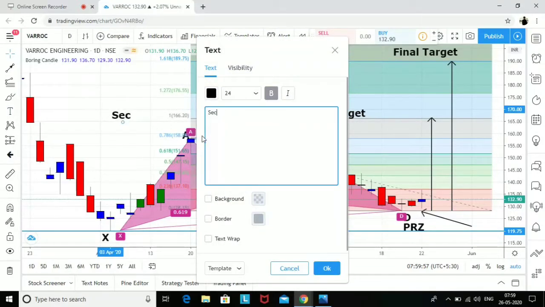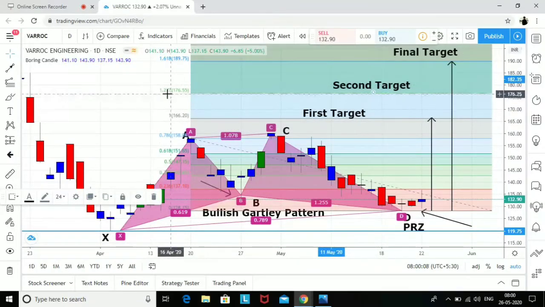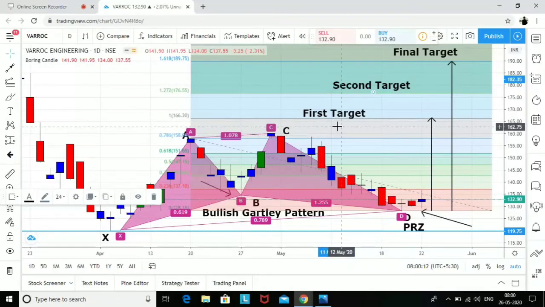Okay. The second target is till 127. The second target which you can look for is this, which is 121, 127. So the ratios are very important. You can look for 166, you can look for 176, and then the final target would be 180.